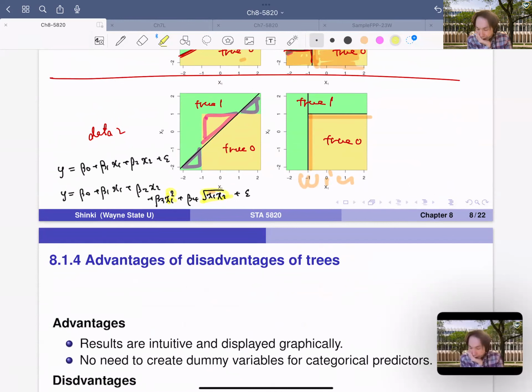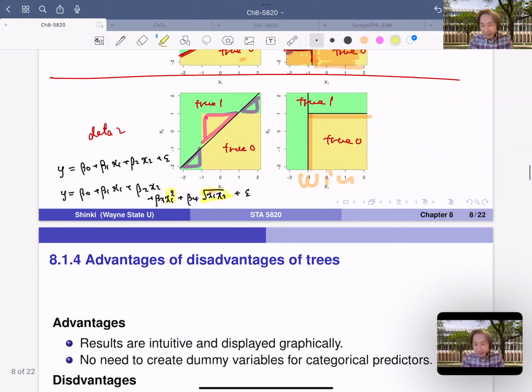And the neural network, maybe we will cover it later. Neural network is similar to tree-based method because both models have the philosophy that we don't know the truth, but we automatically fit the complicated patterns. But the neural network doesn't have this kind of digital boundaries. So it fits the model more flexibly.